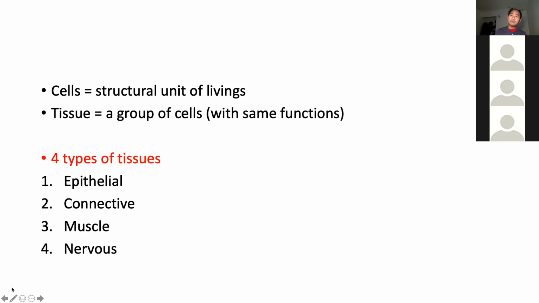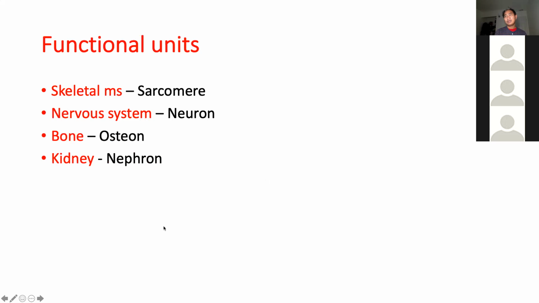So now I believe you all remember that trillions of cells are classified and grouped into 4 types of tissue, which are these. And the functional unit is the basic unit. For the skeletal muscle, it will be the sarcomere.